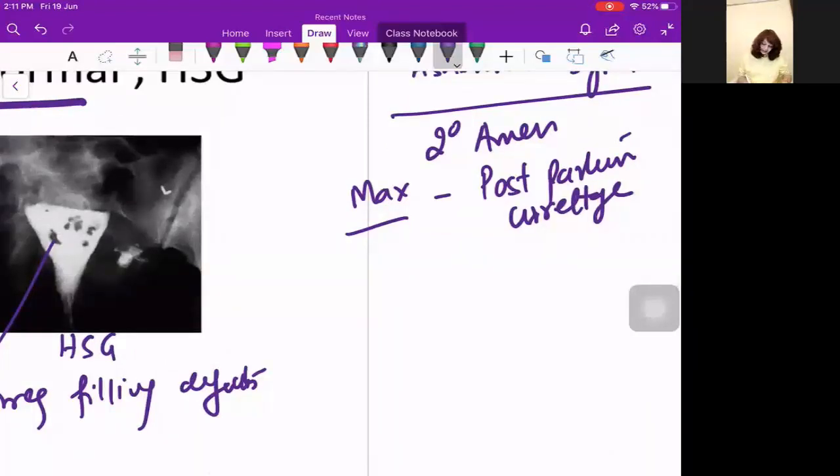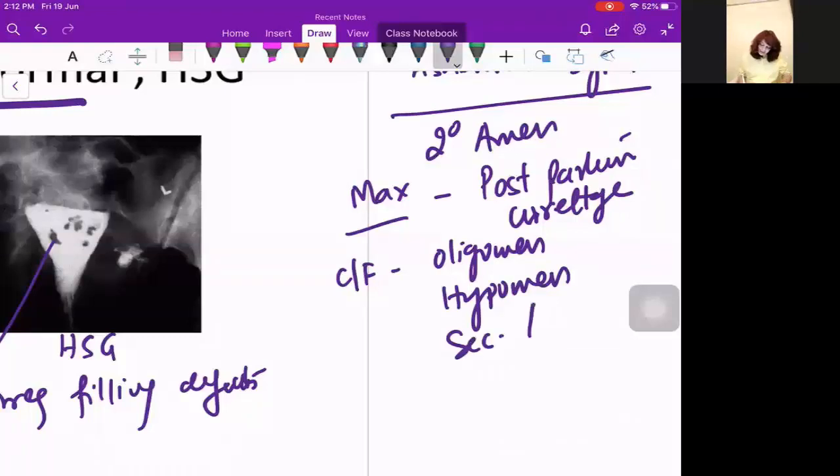Clinical features of Asherman syndrome include oligomenorrhea, hypomenorrhea, secondary amenorrhea, or infertility. The most common presentation of Asherman syndrome is hypomenorrhea, which was asked in one of the AIIMS PG questions.